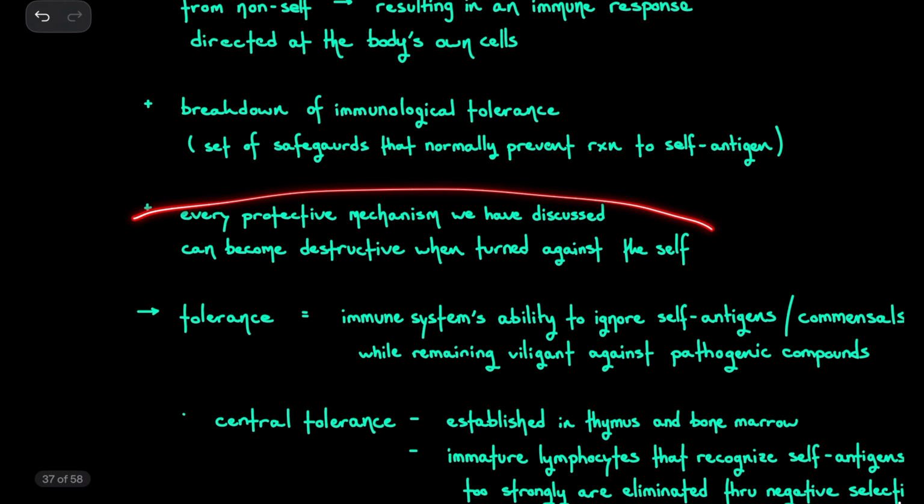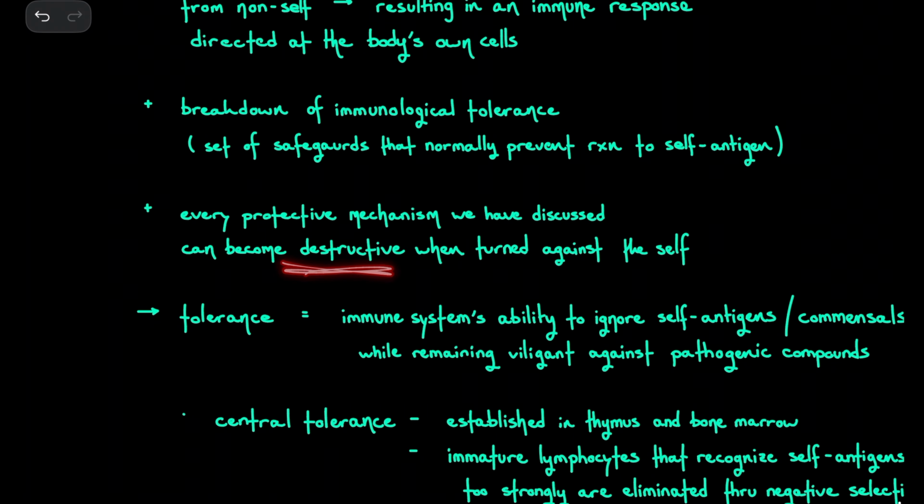So every protective mechanism we have discussed can become destructive when turned against the self. We saw that very much so in the case of sepsis, right? There's nothing inherently pathological about vasodilation or increased vascular permeability or neutrophils releasing reactive oxygen species. Those are all protective mechanisms when weaponized correctly.